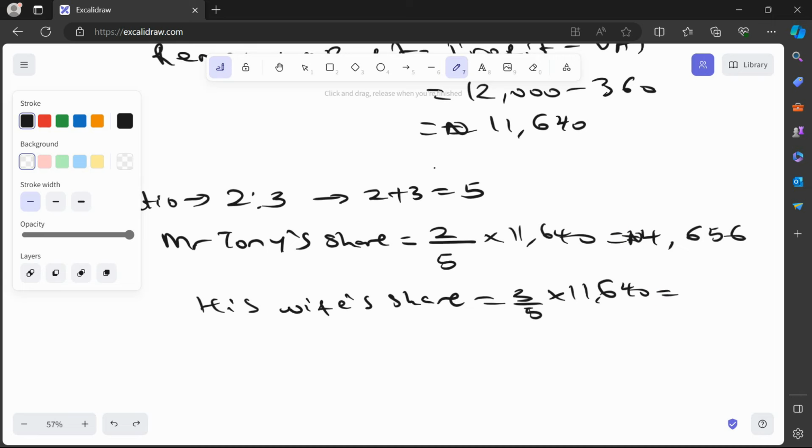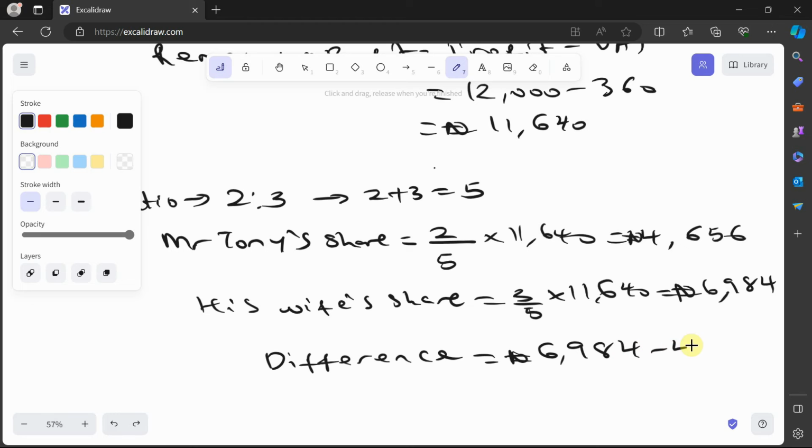And this other one will give me 6,984 naira. So now we can find the difference. The difference is equal to 6,984 minus 4,656. If you press on your calculator, the value is actually 2,328.